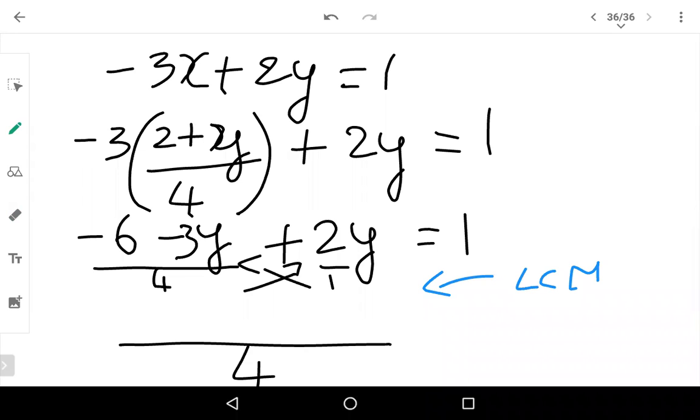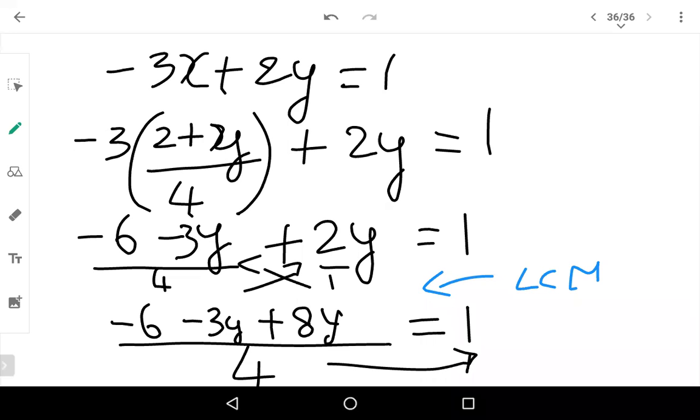So 1 into minus 6 is minus 6. 1 into minus 3y is minus 3y. But 4 into 2y will give you plus 8y, whole divided by 4 is equal to 1. Did you all understand this step? I am taking LCM here. Since the LCM is 4, I also have to do the cross multiplication.